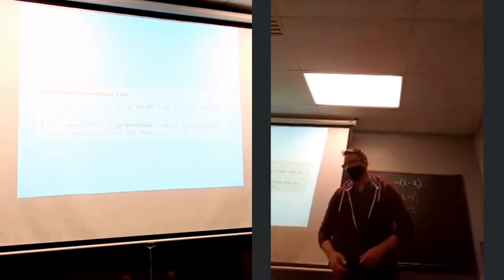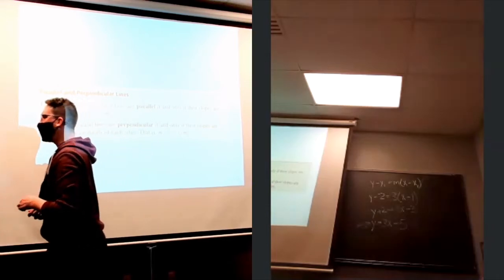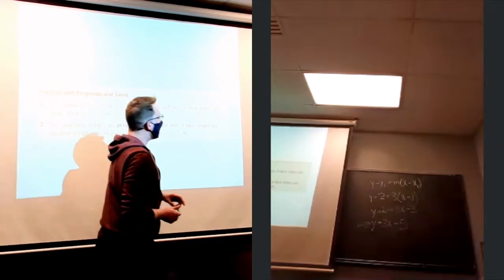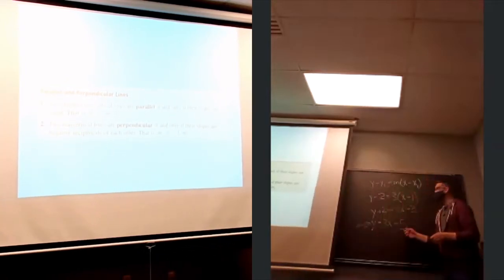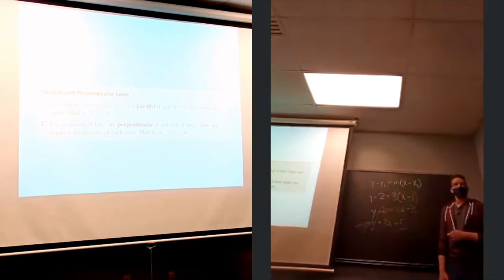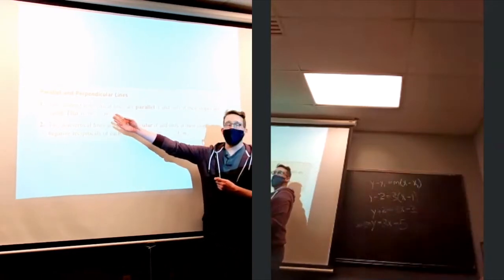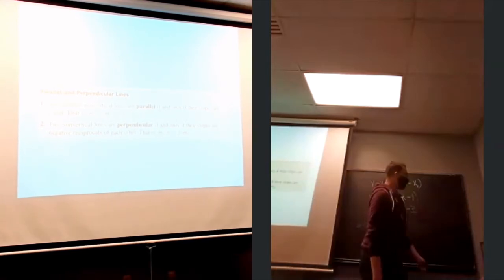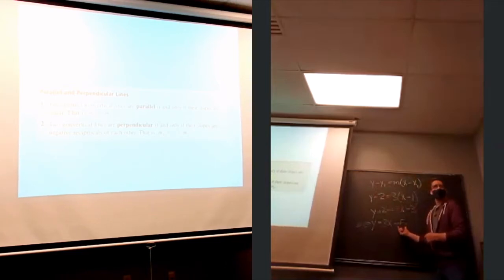So chugging along. There are, however, 2 things that you should know about parallel lines and perpendicular lines. Let's say I give you this, and I want you to find a line that's parallel to it. Knowing that two lines are said to be parallel if their slopes are equivalent, that tells you automatically we just need to change our b, right?